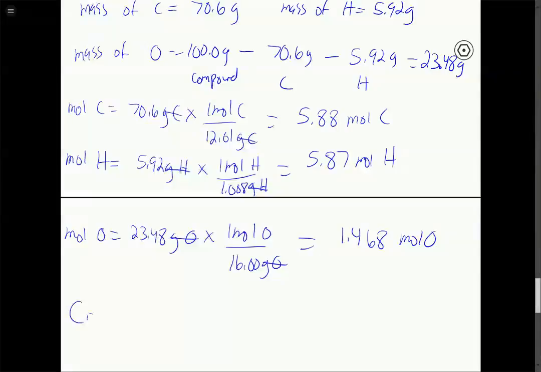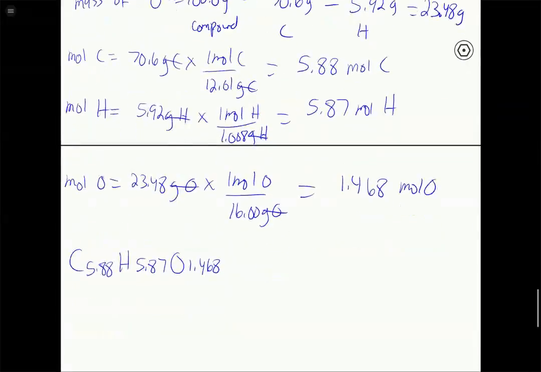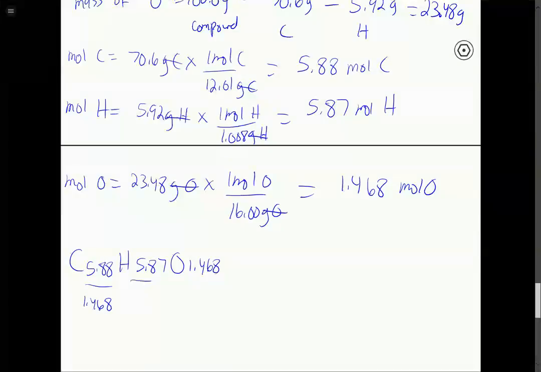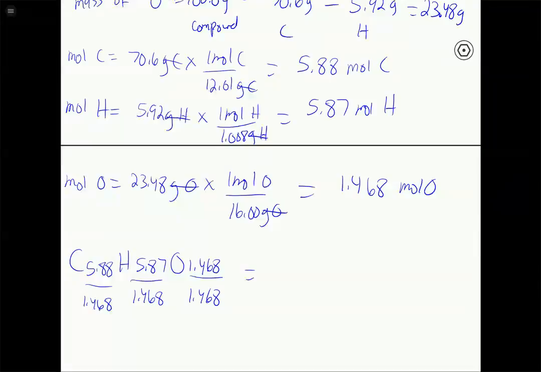So we have C 5.88, H 5.87, O 1.468. When we divide all of these by the smallest, which is oxygen at 1.468, we divide all of those molar amounts by the smallest one to get the lowest ratio. What we end up with is C5H5O.